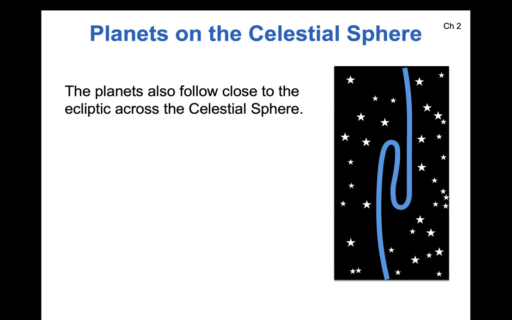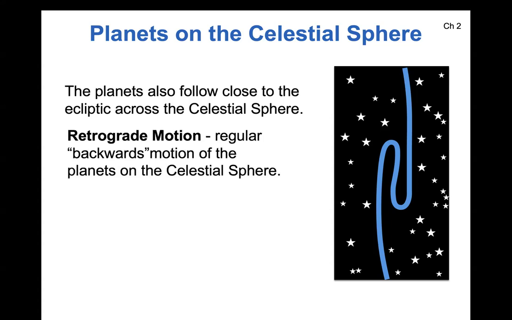And there's good physical reasons for that in terms of fundamental mechanics, the way that objects behave and the whole way that solar systems are made, which we'll get into quite a bit later in a later chapter. So if you look at the planets, you can kind of see them follow an arc, which is the ecliptic. And sometimes they can be directly next to the sun, although you wouldn't be able to clearly see them.